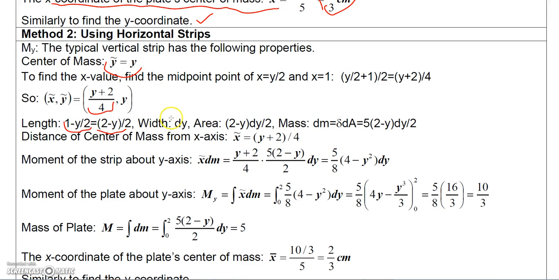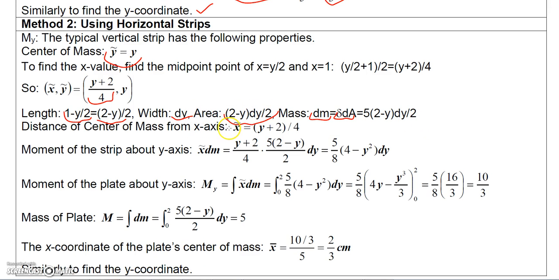So now the width is dy, so the area, if we multiply these together, 2 minus y over 2 times dy, we get 2 minus y dy over 2. And then also, the dm is just the density function times the area, so that would be 5 times 2 minus y dy over 2.